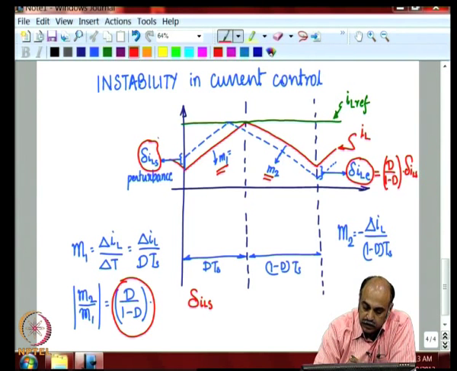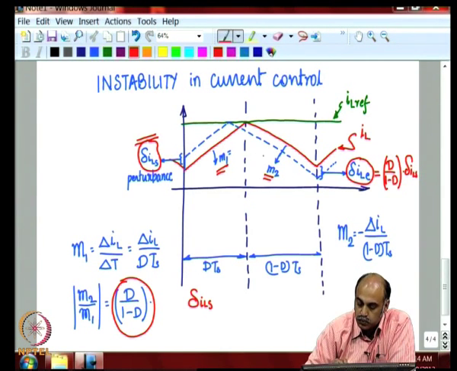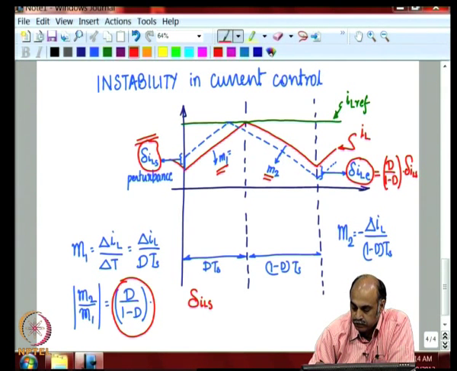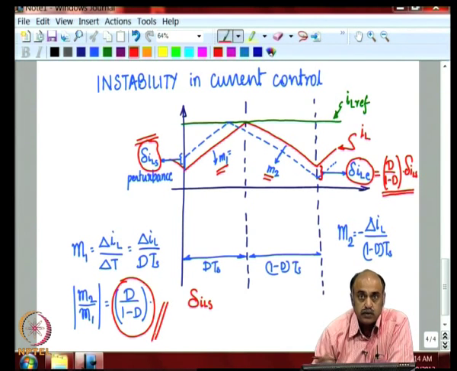So, whatever perturbation occurred at the start of the period goes through the whole period with these two different slopes and occurs at the output as a perturbation here, which is changed in amplitude with respect to the one at the start of the period by this factor d by 1 minus d, which is basically related to the slope.